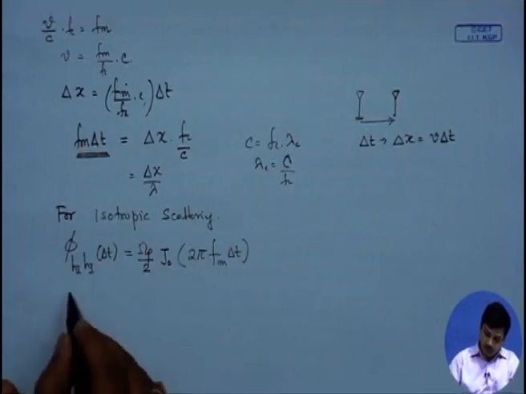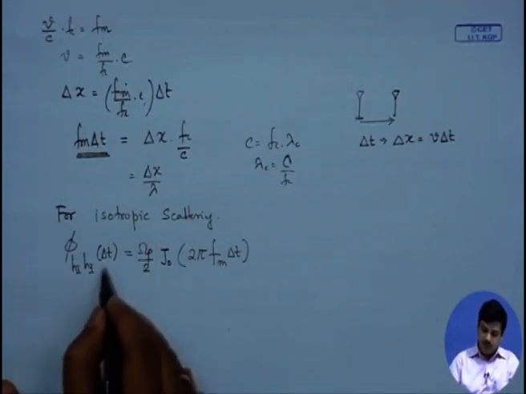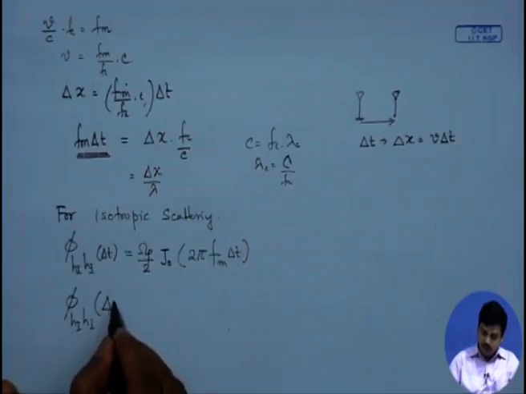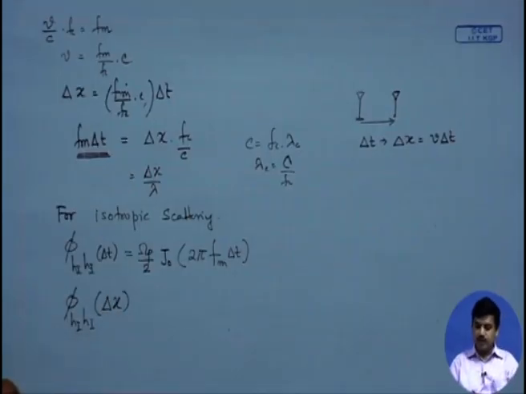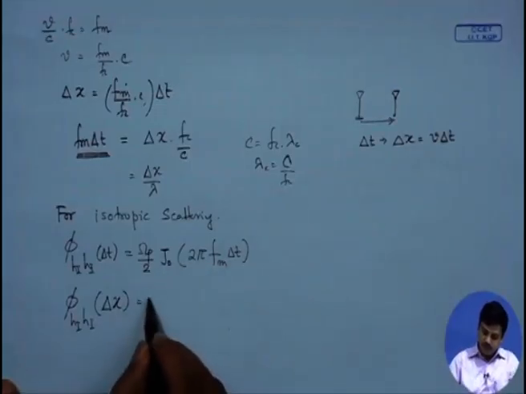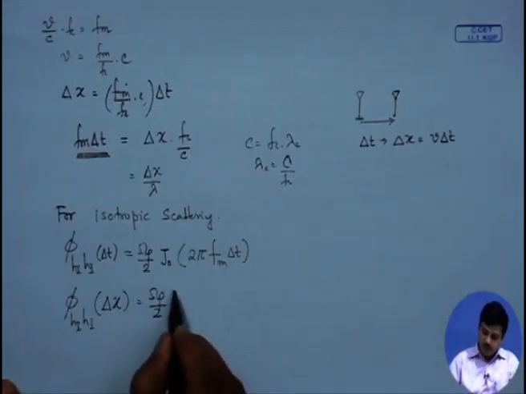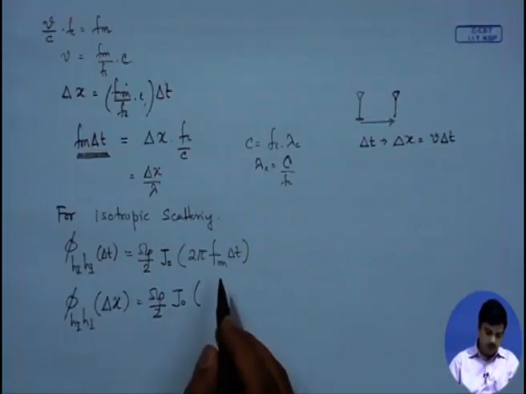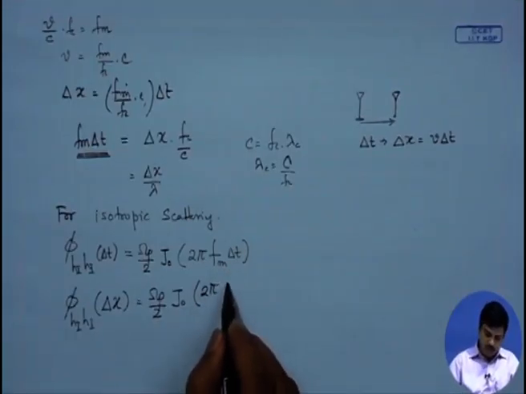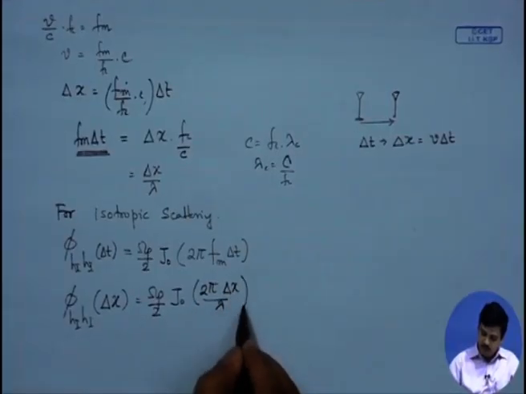Now, instead of making it a function of delta t, we could write phi using the same expression as a function of delta x, by using this translation, which would become omega p by 2 J0 of 2 pi times delta x upon lambda, since fm delta t is delta x upon lambda.